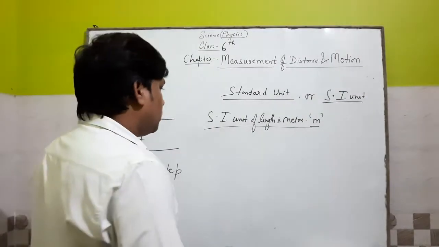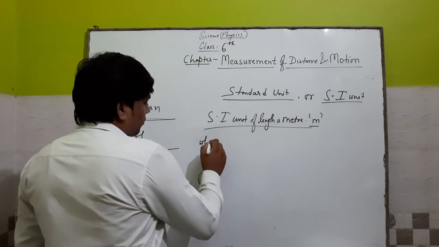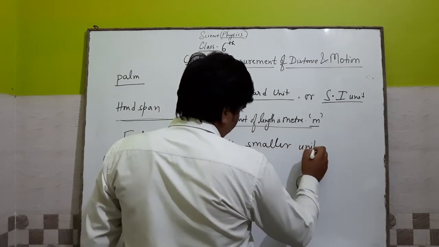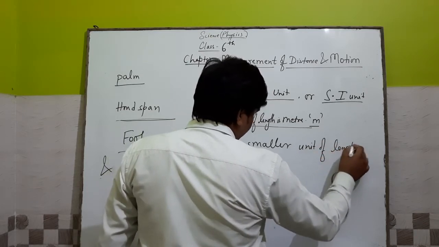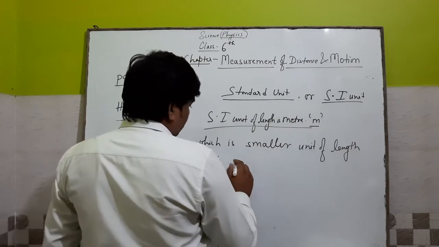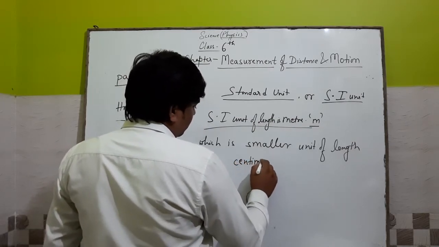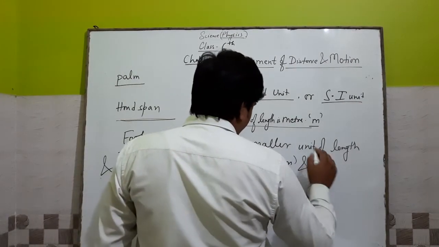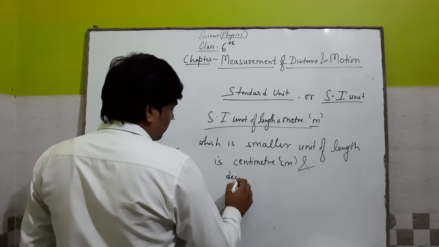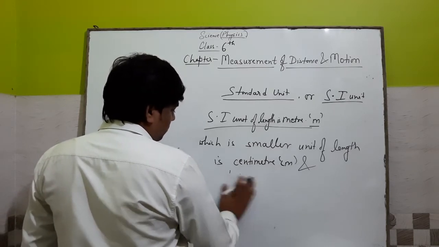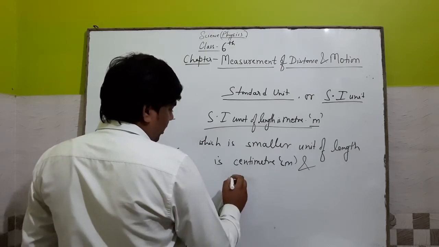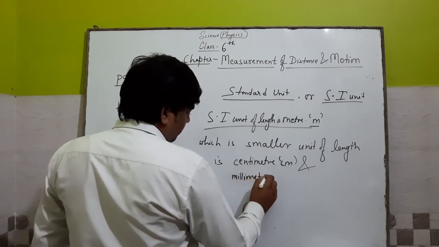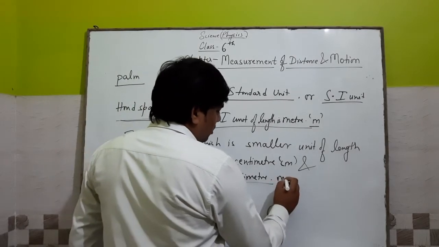And another unit is also, this is a smaller unit of length, which is centimeter, the symbol of centimeter is small cm, and decimeter and millimeter, okay, symbol of millimeter is small mm.